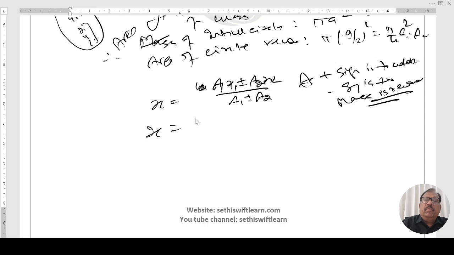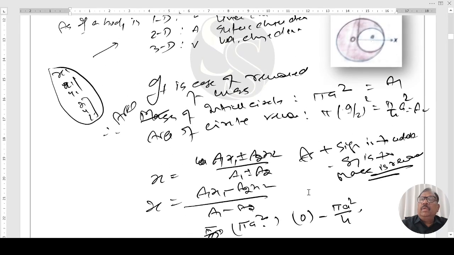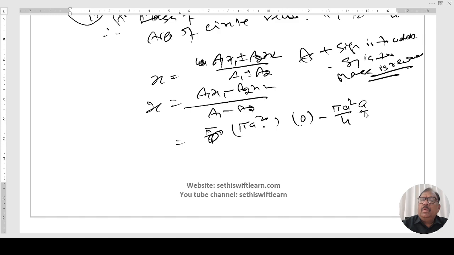Then x will be equal to A1 x1 minus A2 x2 divided by A1 minus A2, that is pi a square into x1, x1 will be 0, minus pi a square by 4 into a by 2, divided by pi a square minus pi by 4 a square.